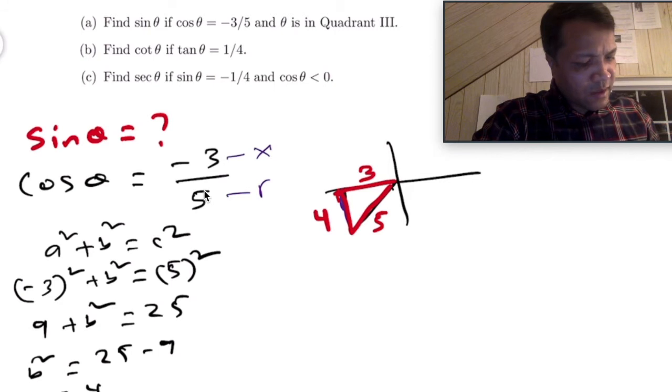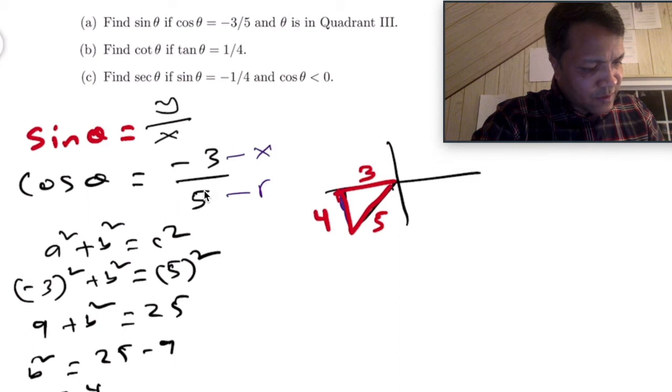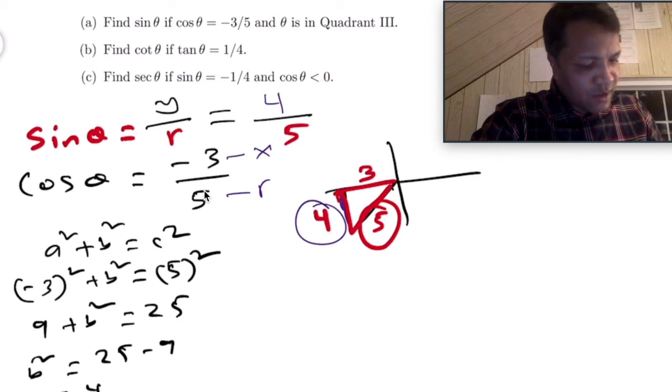Alright. Now the sine theta, if you remember correctly, is y over r. So what is our y? Y is 4. And what is our r? R is 5. But we are not done yet.